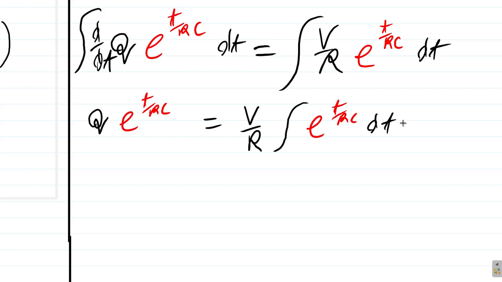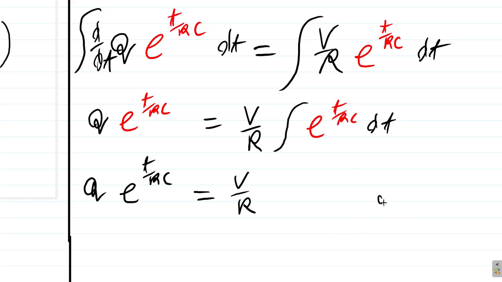All right. So q e to the t over rc equals v over r times... Remember, when you integrate a constant times t, what we're going to get is this.